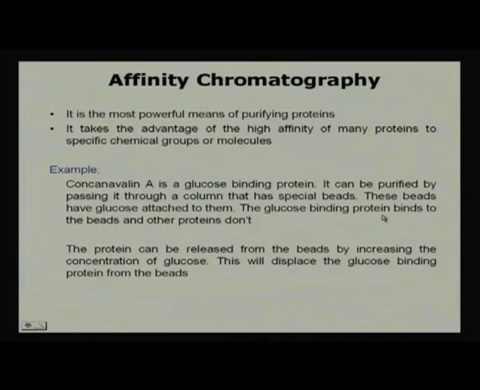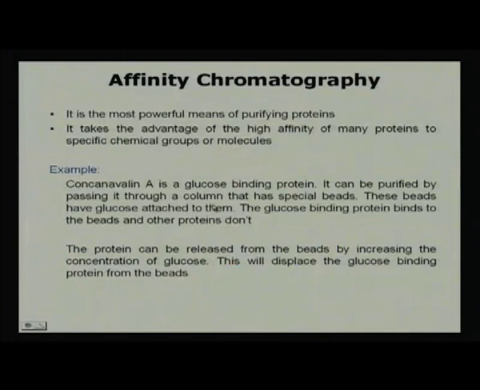The protein binds to the glucose on the beads, and other proteins which do not have this affinity simply pass out through the column, while the targeted molecule is retained on the column.